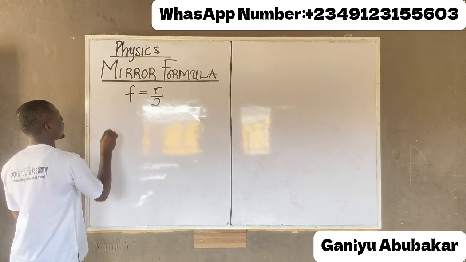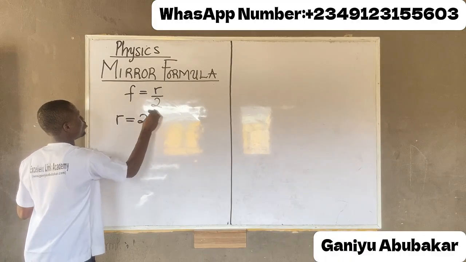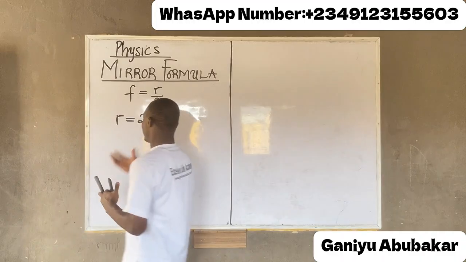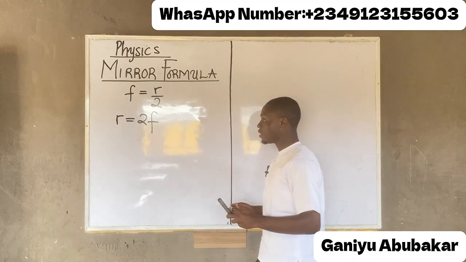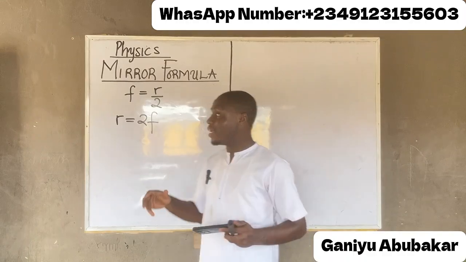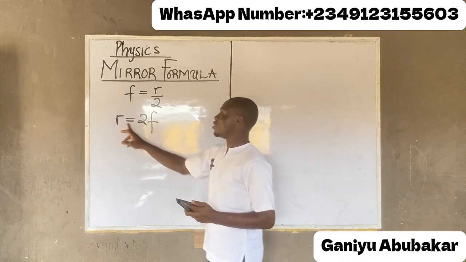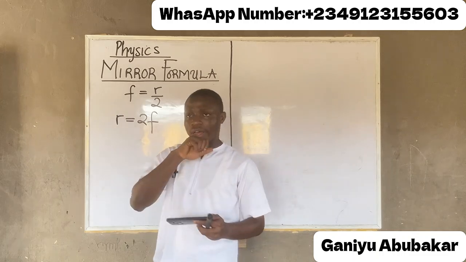In other words, I can say that R is equal to 2F. All right. So if you have your focal length and the radius of curvature, these two are related by F equal to R over 2 or R equal to 2F.